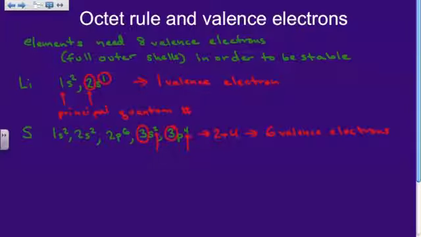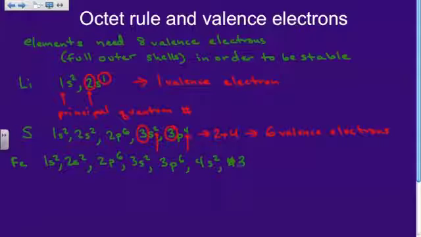Let's go down further into something like a d block element, for instance, iron. Iron is 1s2, 2s2, 2p6, 3s2, 3p6, 4s2, and 3d6.